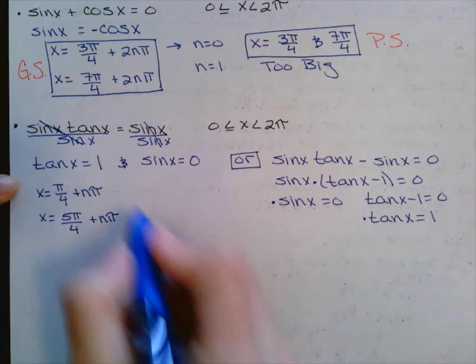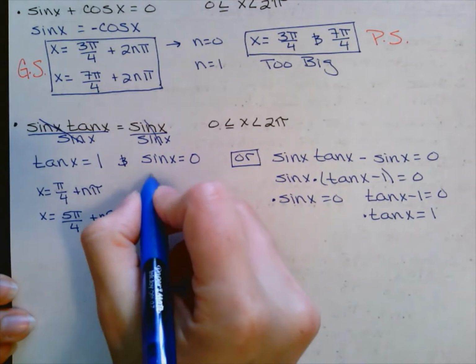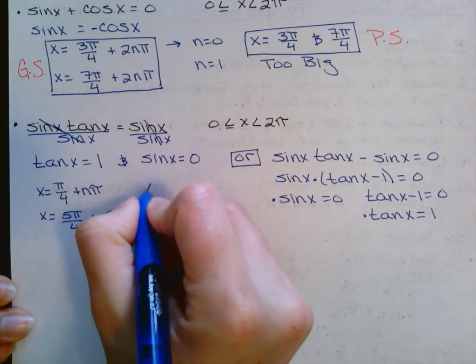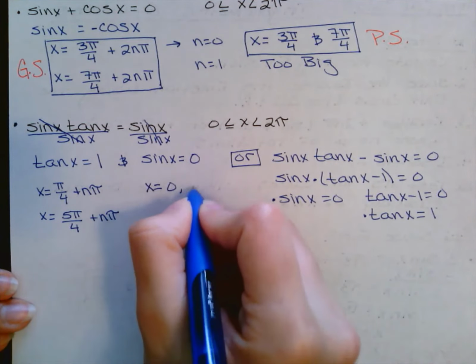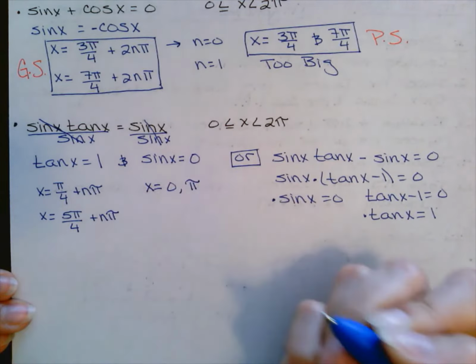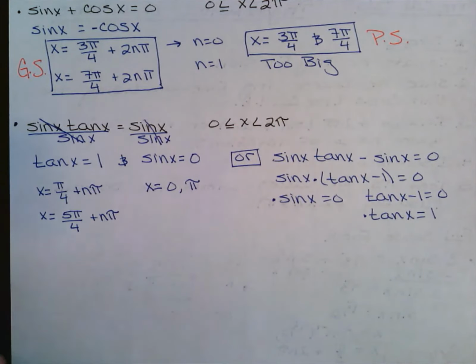Okay? Now we're going to do the same thing for sine of x equaling 0. Sine of x equals 0 when x is 0 and when x is pi. Okay? Let me write it underneath so we can add our n.